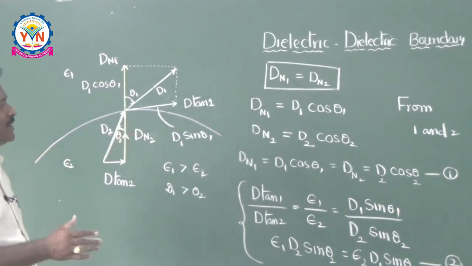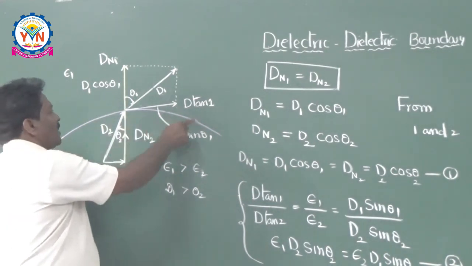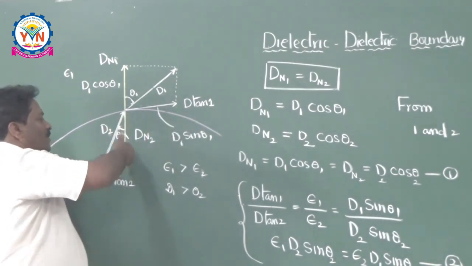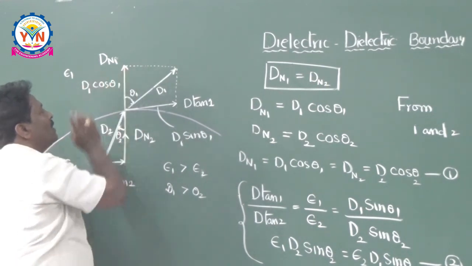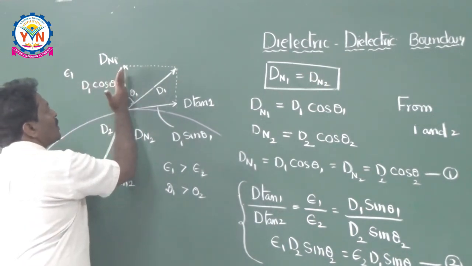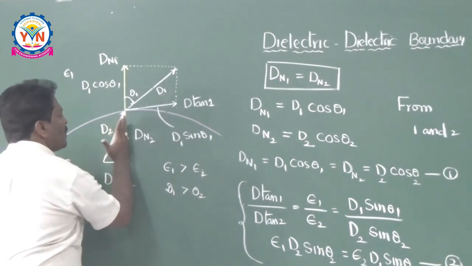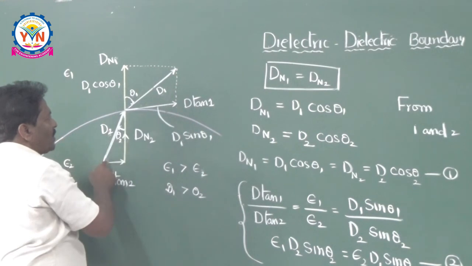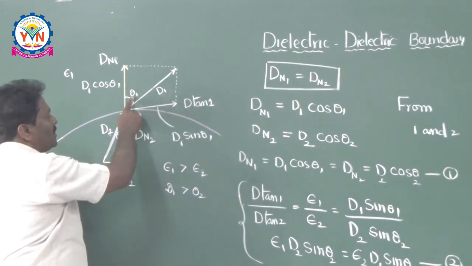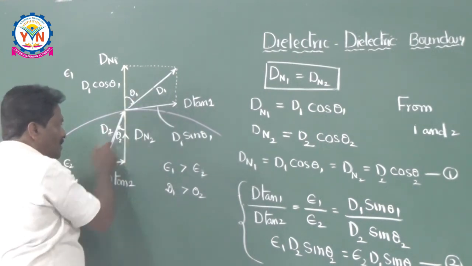So very simple, my dear friends. Take a boundary and the normal component is continuous. Whatever comes in goes out. While going, this is the normal component, and the actual vectors are d1 here and d2 here. It is making an angle theta 1 with this, theta 2 with this.